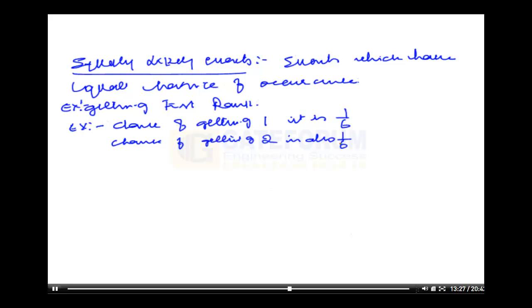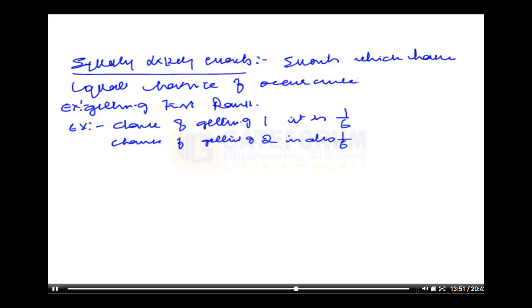Similarly, for getting 3, 4, 5, 6, each one has a probability of 1 over 6. Therefore, all the numbers are equally likely to occur. Such events are said to be equally likely events.